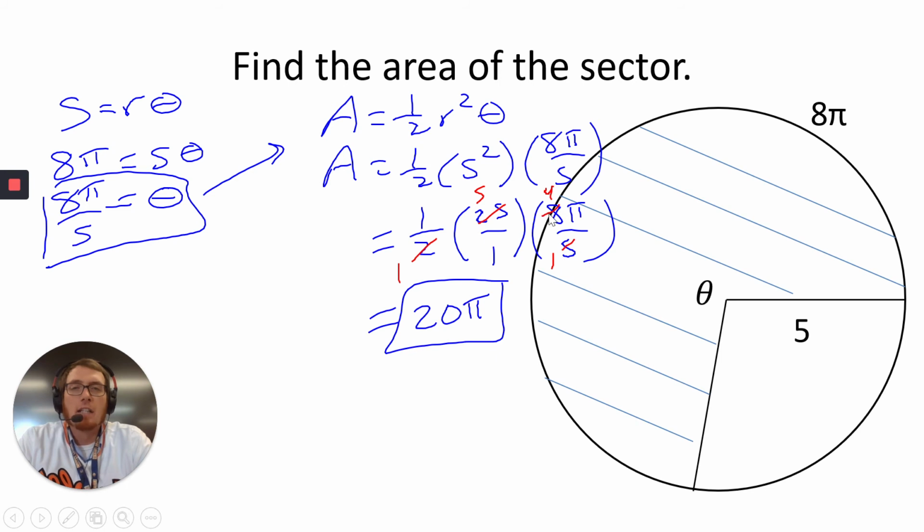They cancel and simplify. 8 and 2 simplify, and you'll eventually be left with 20 pi as the area of the sector. But it's a two-part question, so you have to use the S equals R theta equation to find something, and then plug that into the other one, and then solve for that piece. So when you're looking at an area question based upon an arc length, this is the strategy that you want to use.